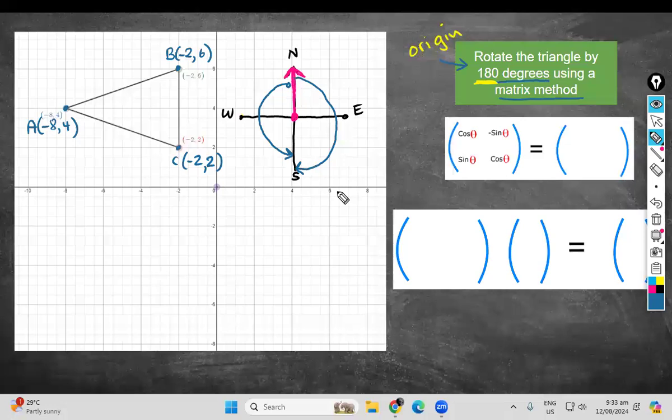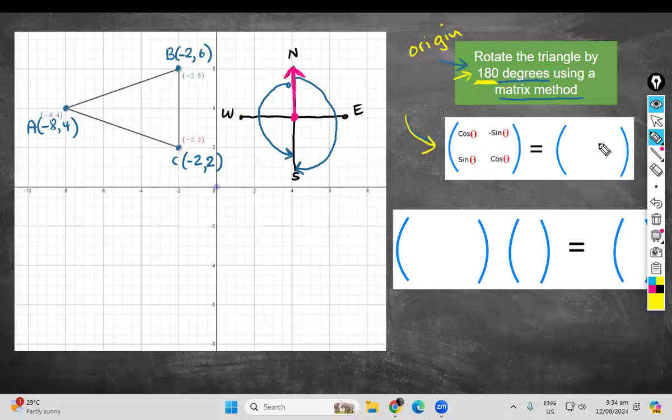All right? So to keep things simple, I'm not going to ask you to multiply all the points by the matrix, but could you all at least get the matrix for me? I'm choosing the anti-clockwise rotation formula. Once again, it doesn't matter, even if I choose the clockwise one. I want you to go and replace all the thetas with how much? 180 degrees.